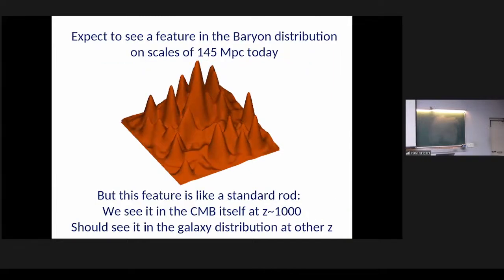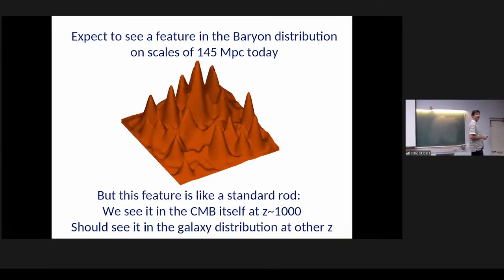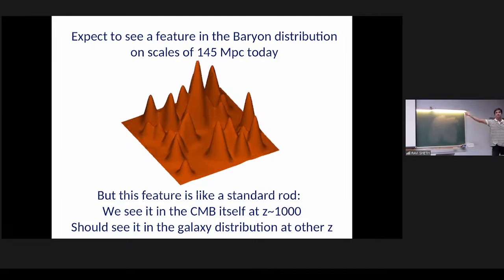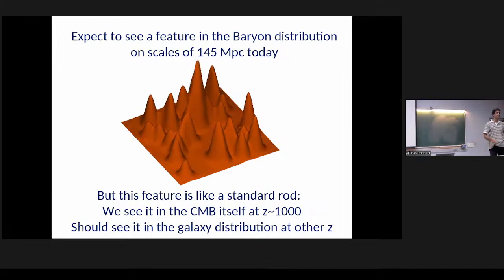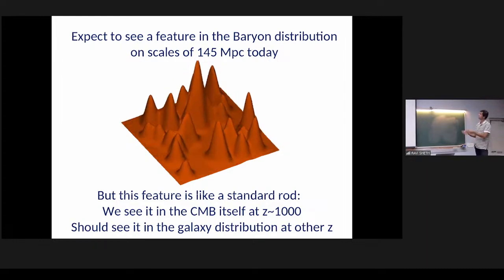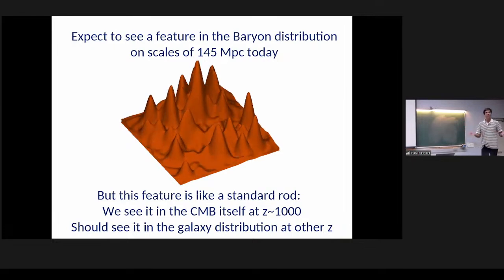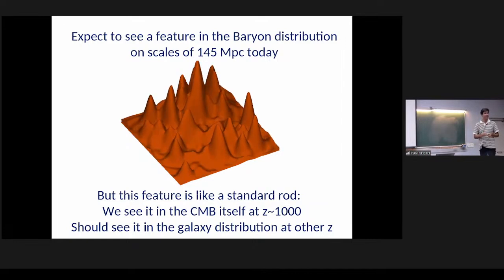Of course, there was not one spike. There was a collection of spikes. Around each one of these, the photons went out. Around each one of these, there is now a sphere of radius 145 megaparsecs. So there is some complicated collection of spheres of radius 145 megaparsecs of small amplitude compared to the spike in the middle.